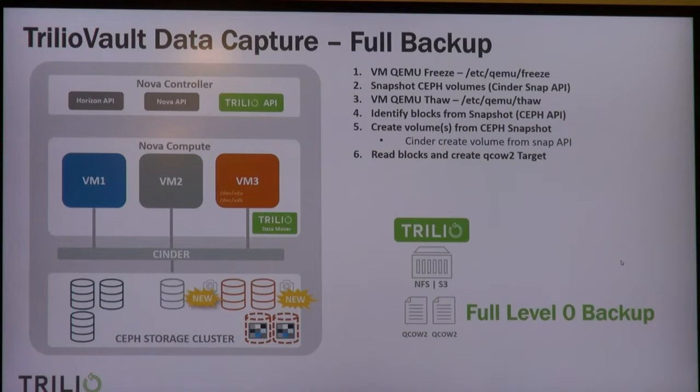This process is a streaming process, so there's no caching on the compute nodes. And since we are using the QEMU image convert for that, there's also no high CPU or memory usage.